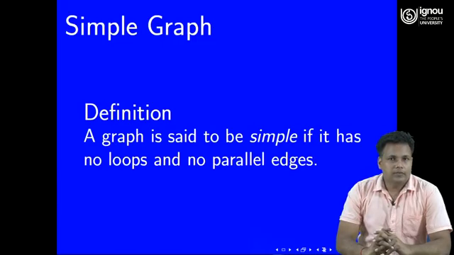In this course you will mostly encounter simple graphs, and the concepts and results derived for simple graphs will be mostly applicable to graphs in general, that means multigraphs as well.